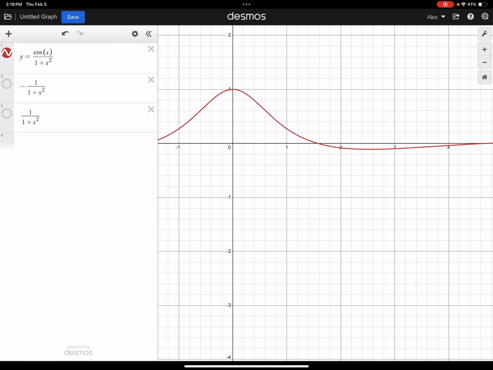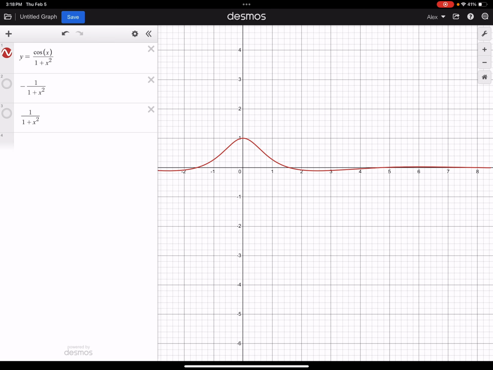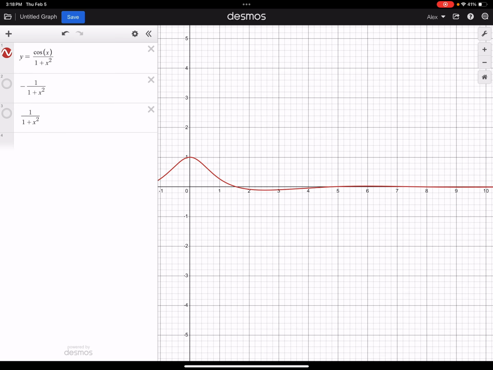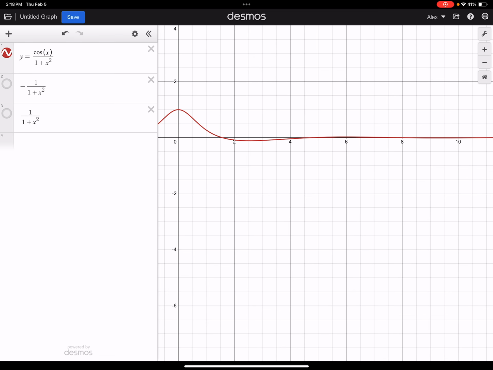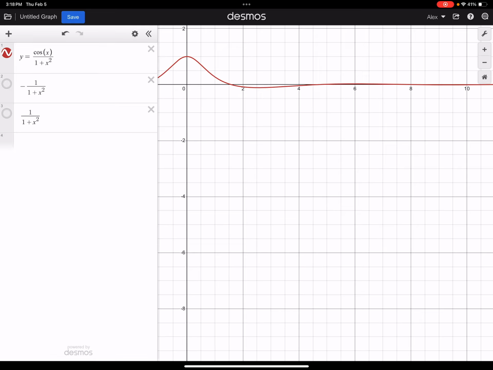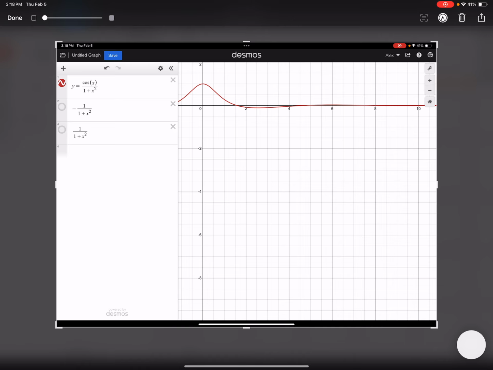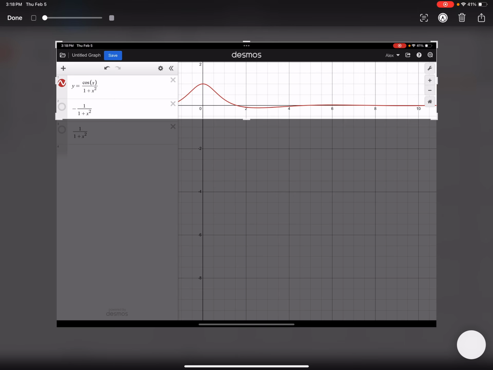Let's see what happens. If I graph this, ignore the bottom two functions there. It looks like it does oscillate a little bit, but it also looks like long-term it is converging to 0. So that's good enough for me. I'm going to screenshot this and say, hey, we've got a limit of 0.